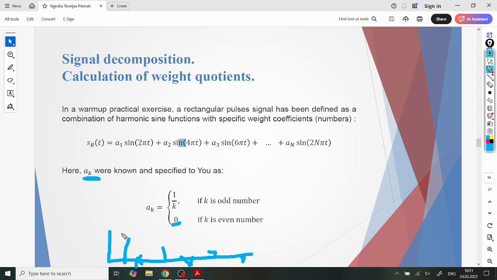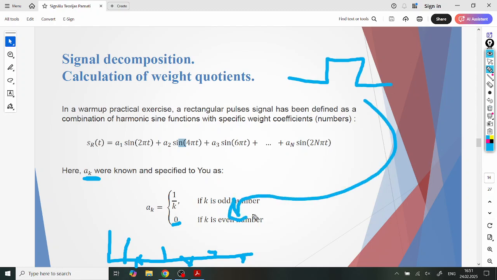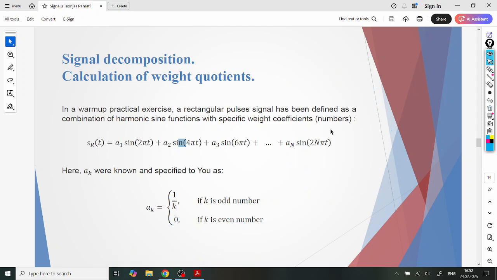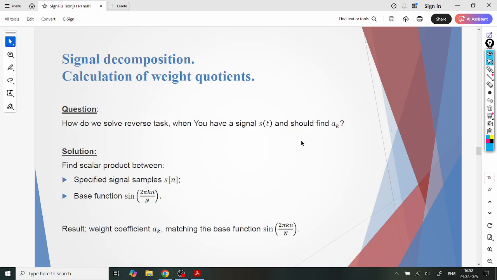Now the question is, given this signal itself, how do I extract this information from it? We tried these numbers only because I said so. I said it is 1 versus k, and you had to trust me because I said I'm going to explain it later.